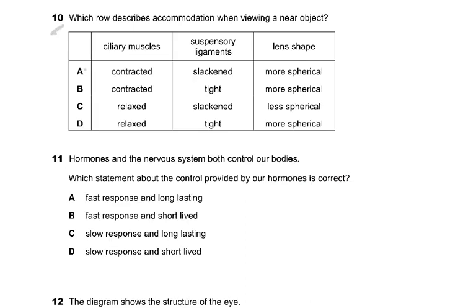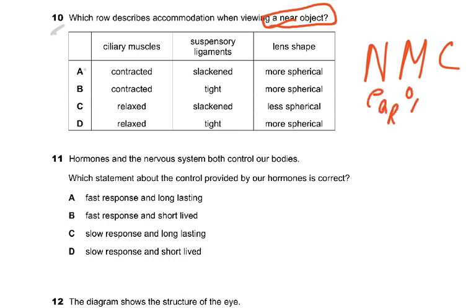Question number 10. Which row describes accommodation when you are viewing a near object? I've told you in my videos also, NMC. Near, more convex. So when you're looking at a near object, the lens is more spherical.